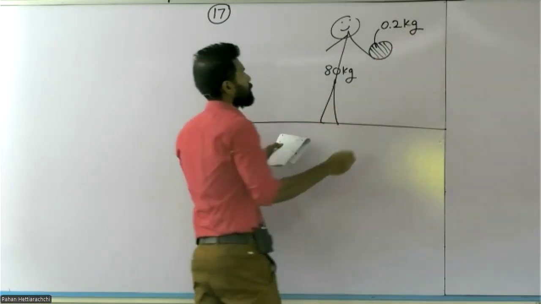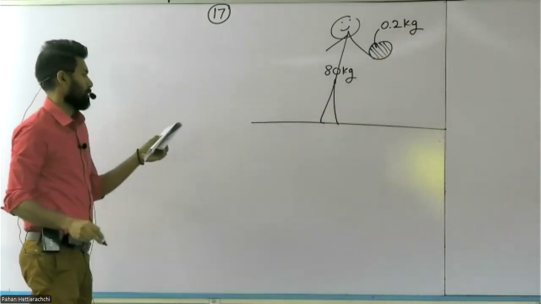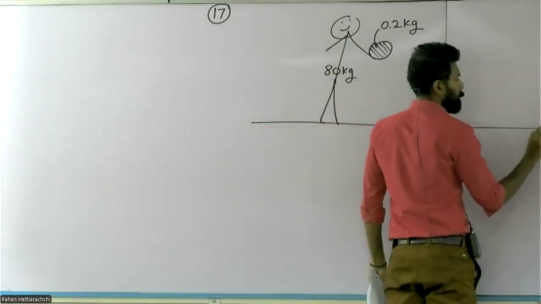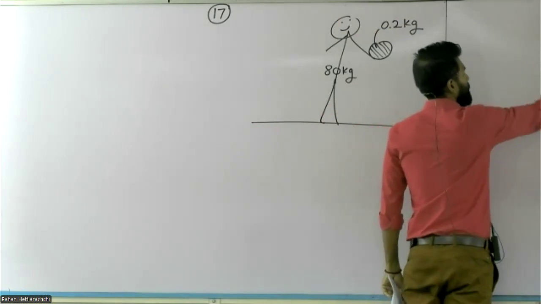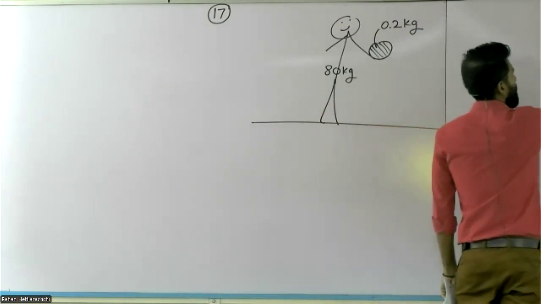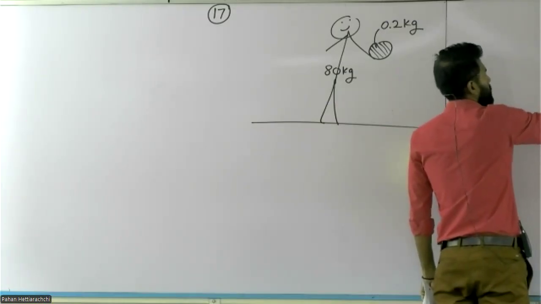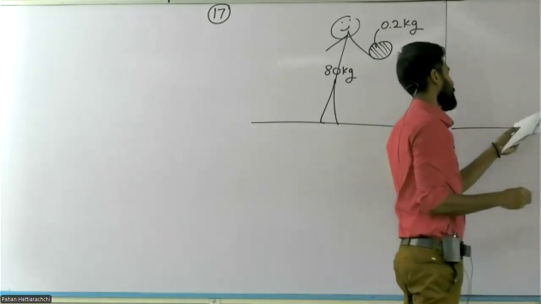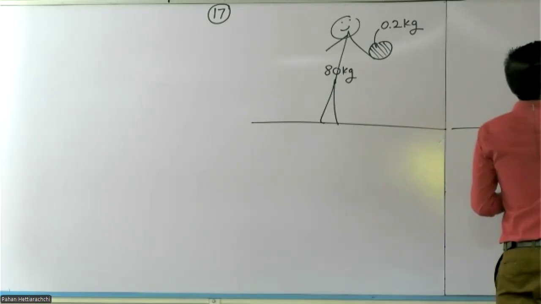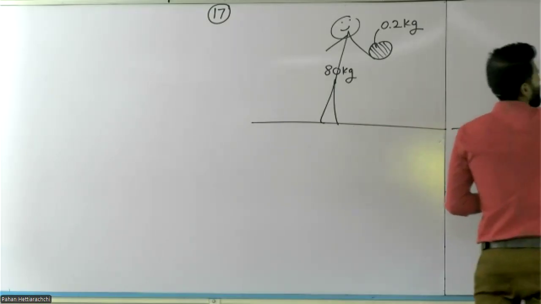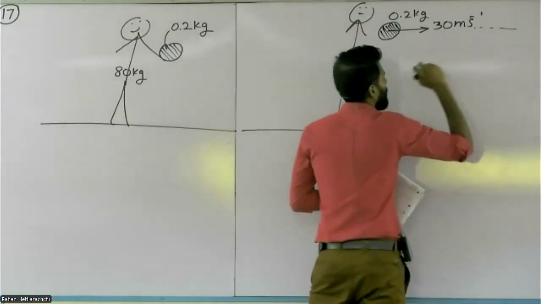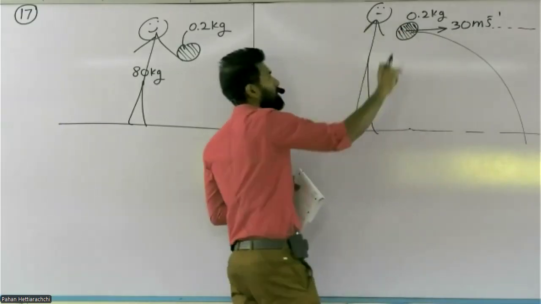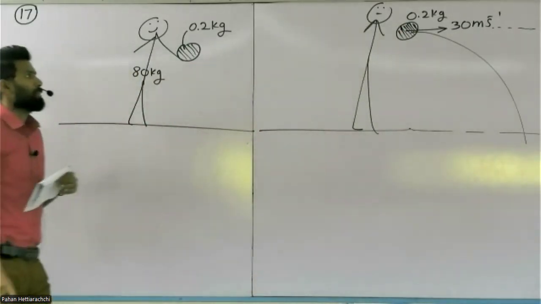As the next step, he throws this 0.2 kg ball, or the stone, horizontally with a velocity of 30 meters per second. Actually, this thing will not move horizontally from there onwards. It will become a projectile motion. It's true, but for the certain instant, it's thrown horizontally.